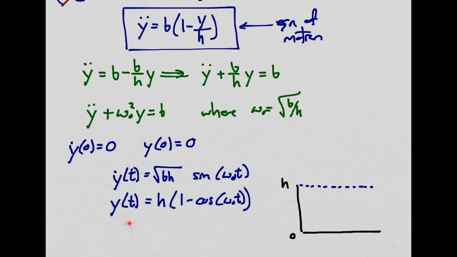So when you look at our expression here for position, the only way that y as a function of t can be h is if cosine of omega t is equal to 0. That's the only way that that can happen.